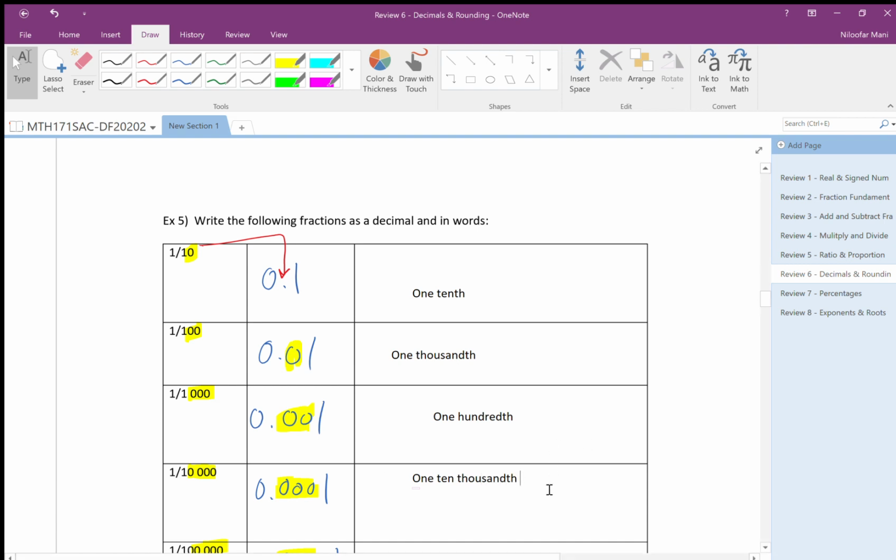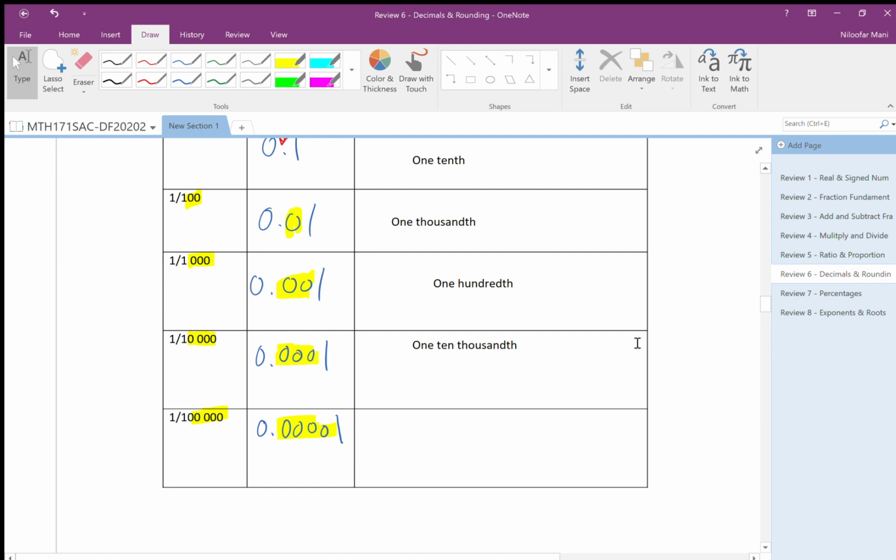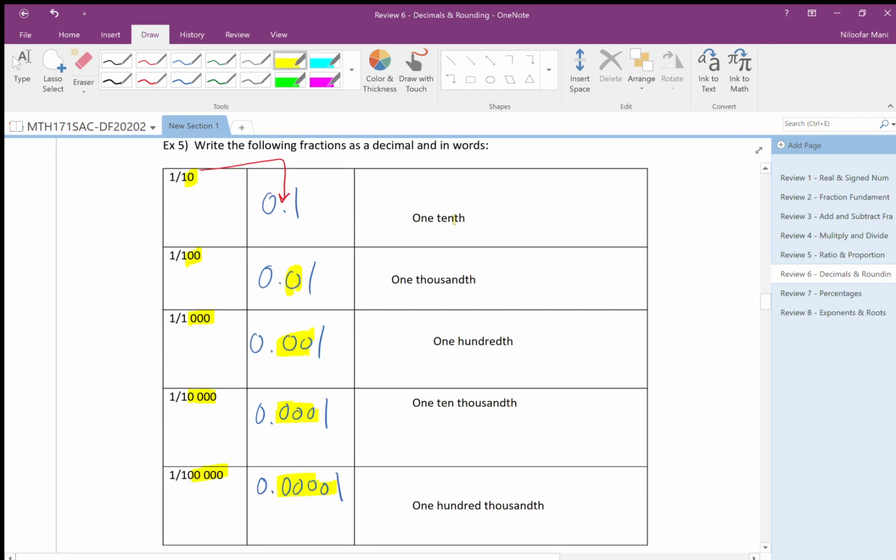I just need th for the end. And the last one, 100,000. Yeah. Okay. So I can show you with this one, this one, this one, because after the decimal.